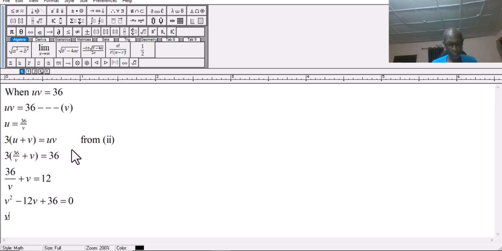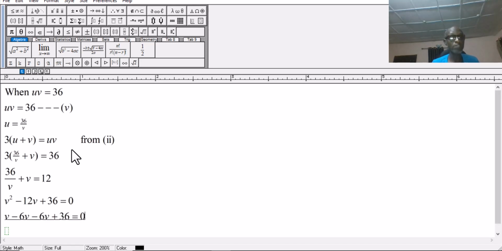So v squared, find the factors that will give you 36, that will be 6. So we have minus 6v plus 36 equals 0.